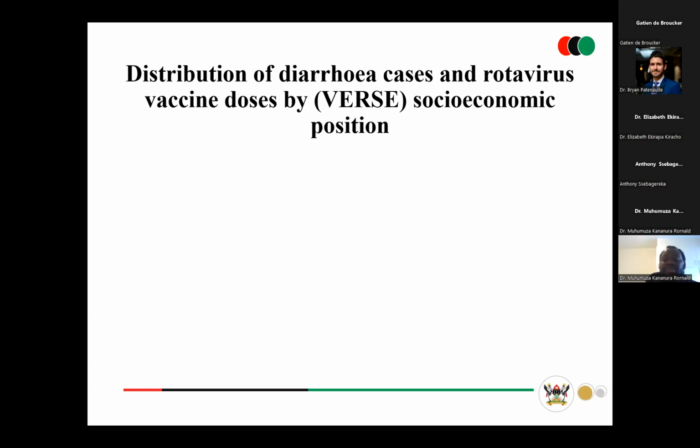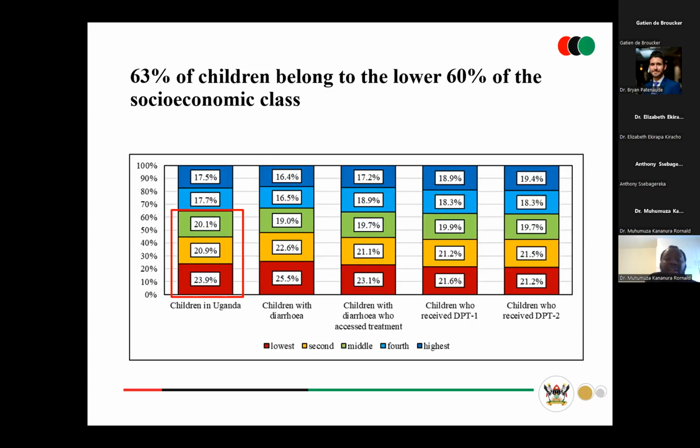For instance, we know DPT2 or DPT1 goes with dose 1 of rotavirus, and then DPT3 should be aligned to dose 2 of Rota vaccine.